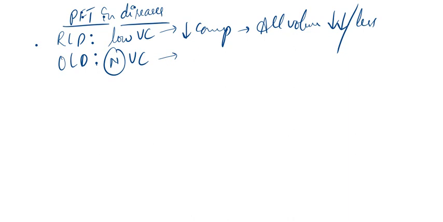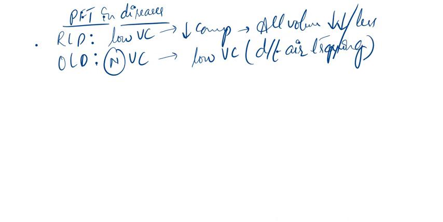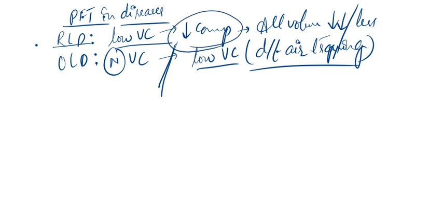So there will be normal vital capacity or low vital capacity due to air trapping. But in RLD there will be low vital capacity, because RLD itself defines a decrease in lung compliance. But in OLD there will be normal vital capacity or low vital capacity due to air trapping, right?